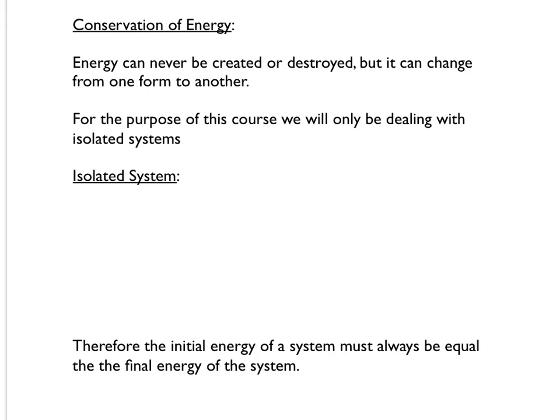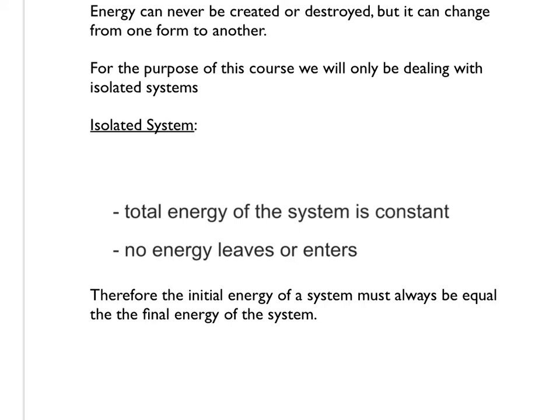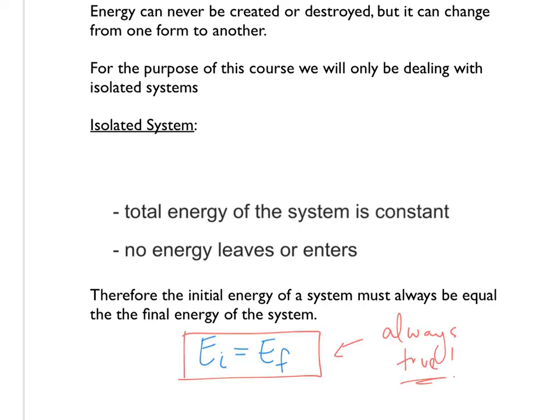An isolated system is when the total energy of the system is constant and no energy leaves or enters. Therefore, the initial energy of a system must always be equal to the final energy of the system. This means that when presented with problems involving the transformation of energy from one form to another, we must take stock of the initial energy and the final energy of the system.